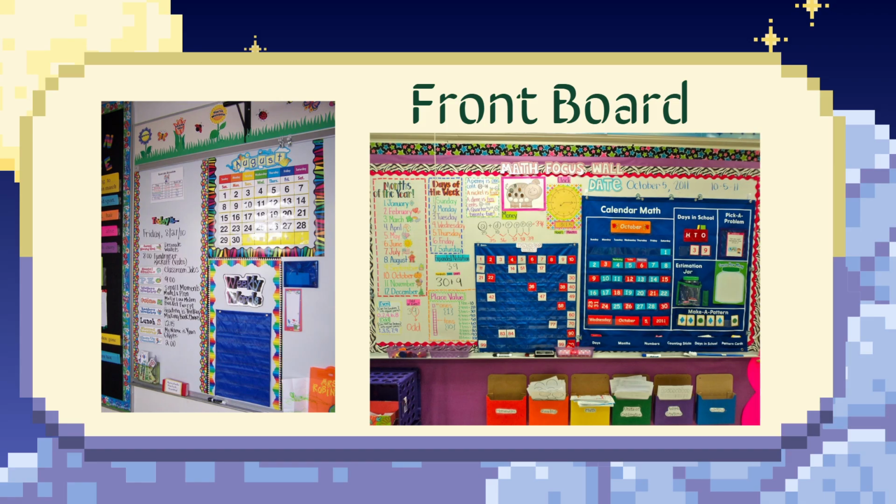So here are some images of what the front board may look like. I plan on utilizing this area as a sort of organization system for students so that they're able to see what we're learning at the current moment.